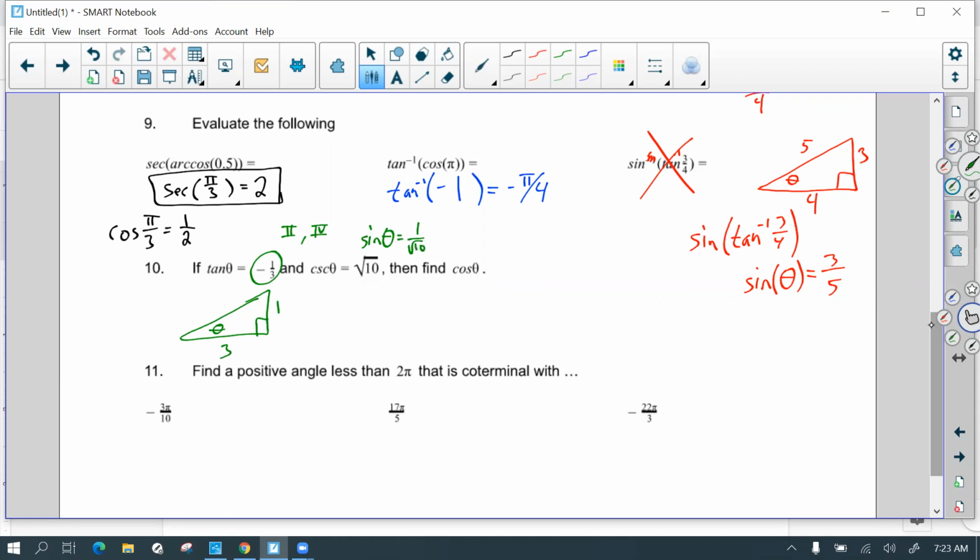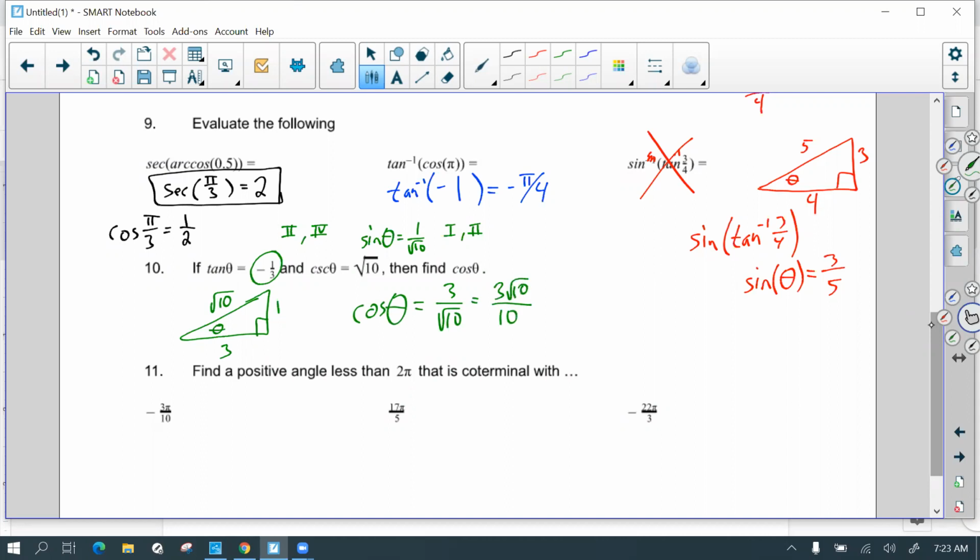So that means the angle in question is either in quadrant 1 or quadrant 2, because all the sine values are positive there. And if the sine is 1/rad 10, then I get to put a rad 10 right here. And to find the cosine, it's adjacent over hypotenuse, which is 3 rad 10 over 10.